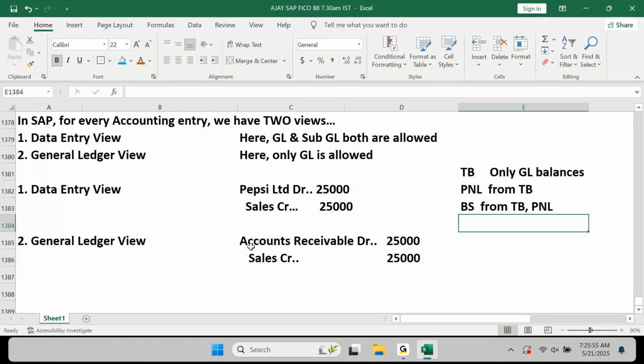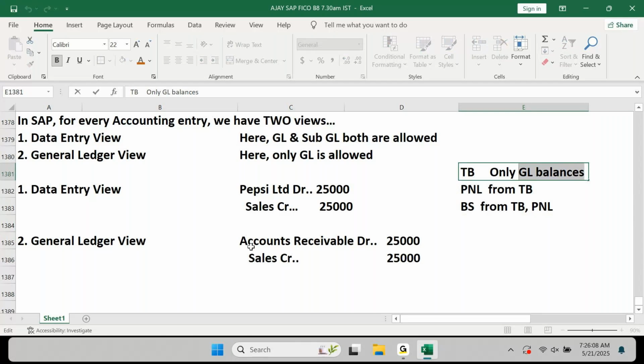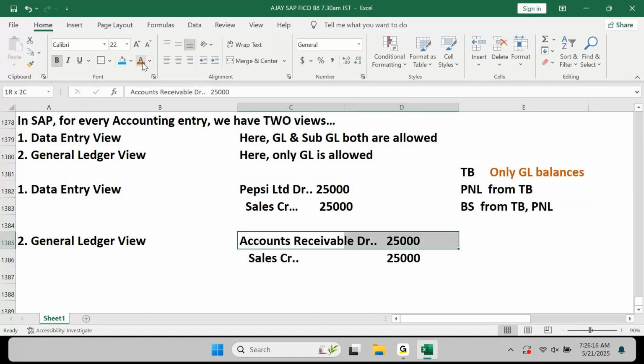Are you directly considering subledger in your TB? No, sir, in TB we are not. We've clearly listed, only GL balances. Meaning all the subledgers must transfer their values into the respective main ledger.